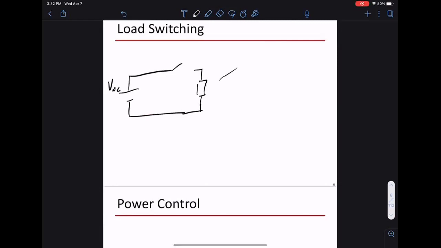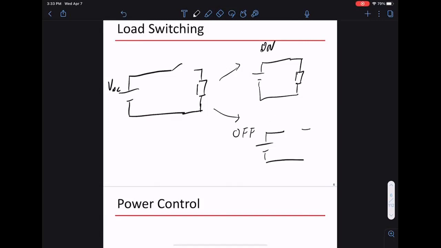And then you can operate in two states. This is for a closed switch. This is called the on state, when the switch is on, or closed. This is called the off state, when the thing is open. You basically have no connection.